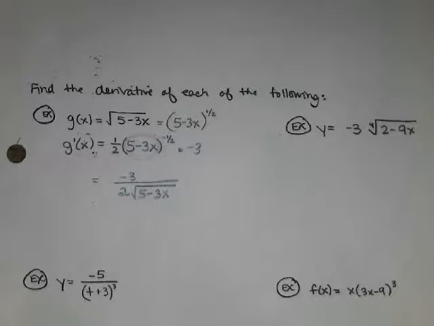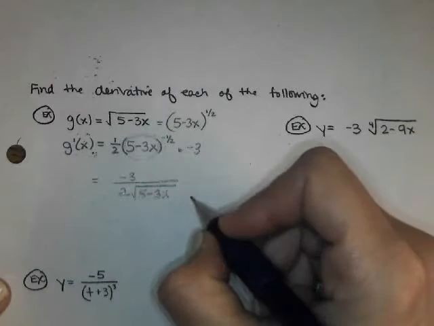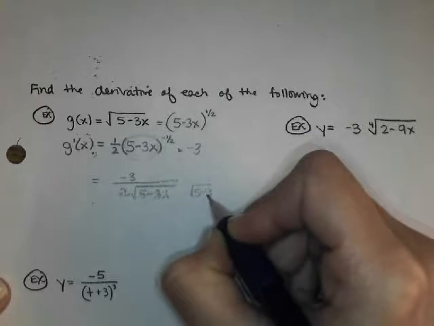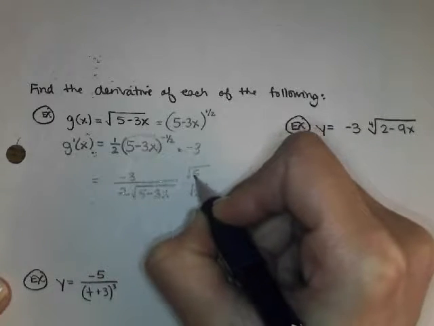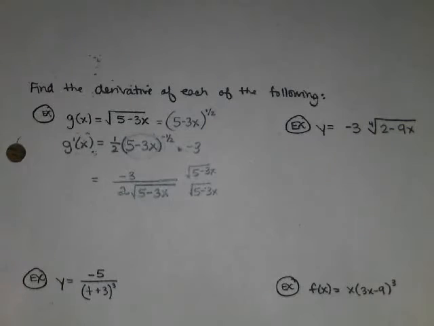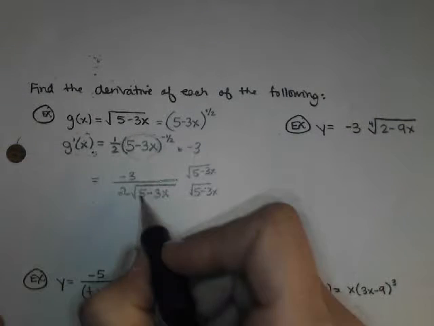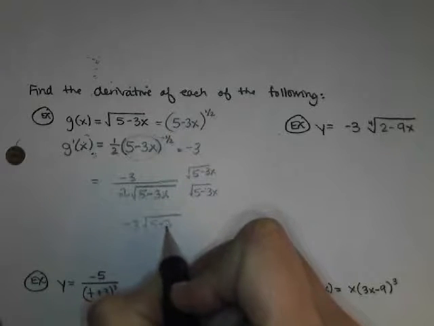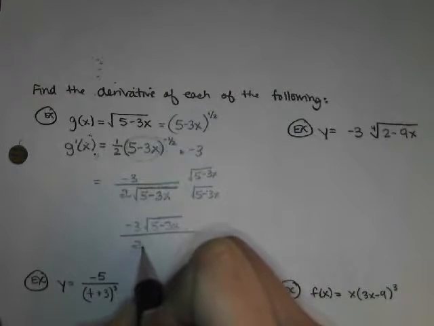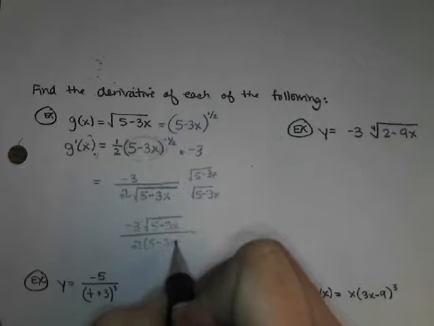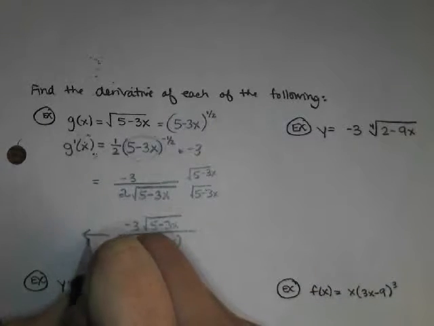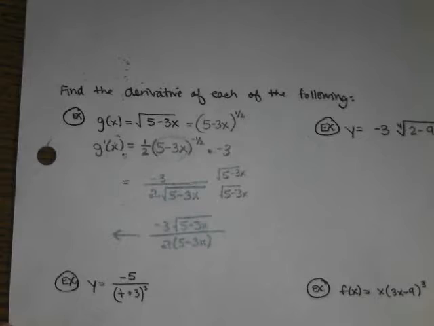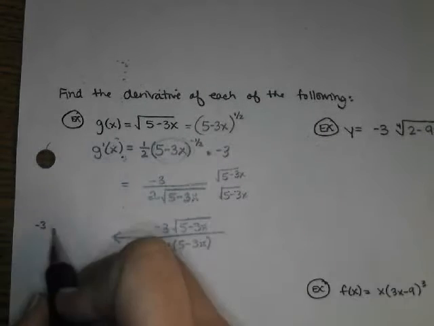I don't think you'll see this rationalized. I think that would be the final answer, but just be aware that it's a possibility. If we wanted to rationalize, we could. I'm just going to go that way and distribute my 2 on the denominator.